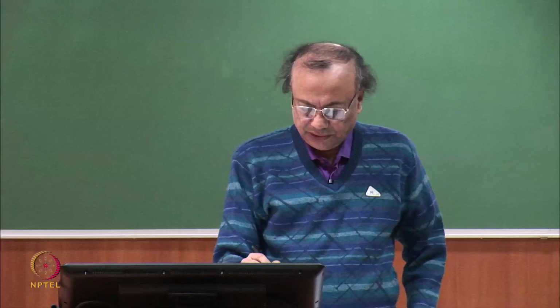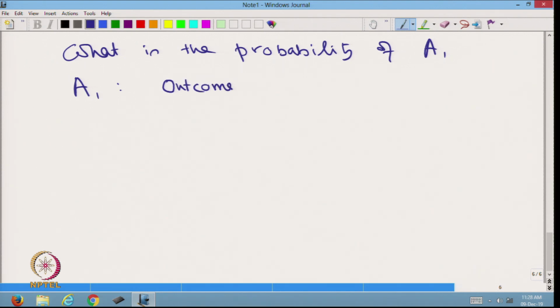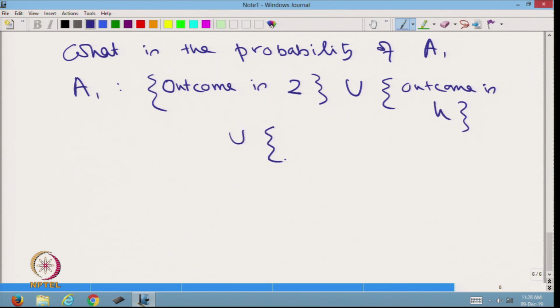On the other hand, what is the probability of A1? So, A1 is equal to the union of 3 elementary events, outcome is 2, union outcome is 4, union outcome is 6.